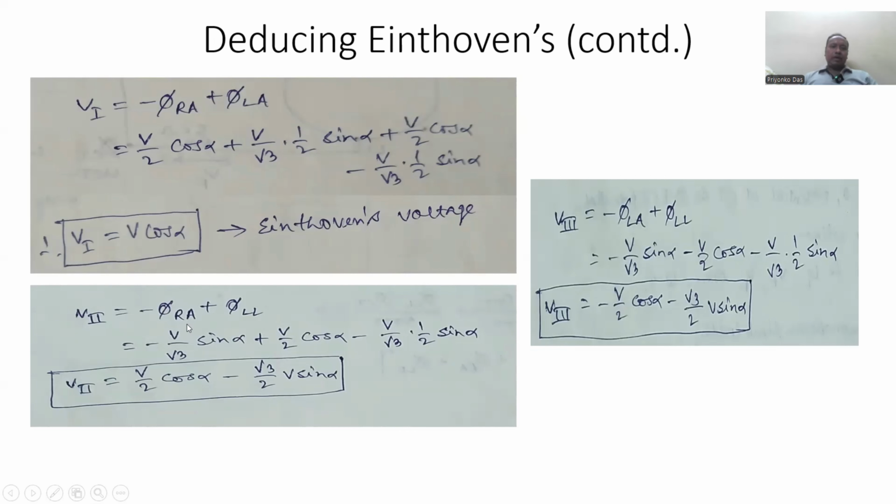After replacing the values of φRA and φLL, we got minus of V by root 3 sin alpha plus V by 2 cos alpha minus V by root 3 into half sin alpha. After simplification, V2 is equal to V by 2 cos alpha minus root 3 by 2 V sin alpha. This is the exact value of Einthoven's V2 voltage.